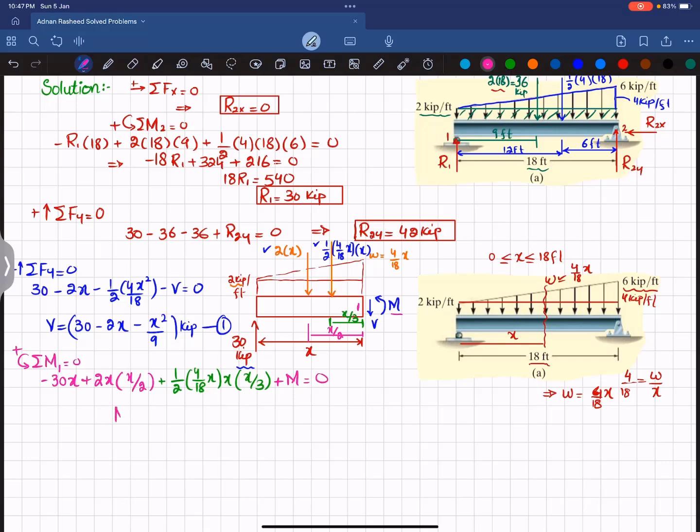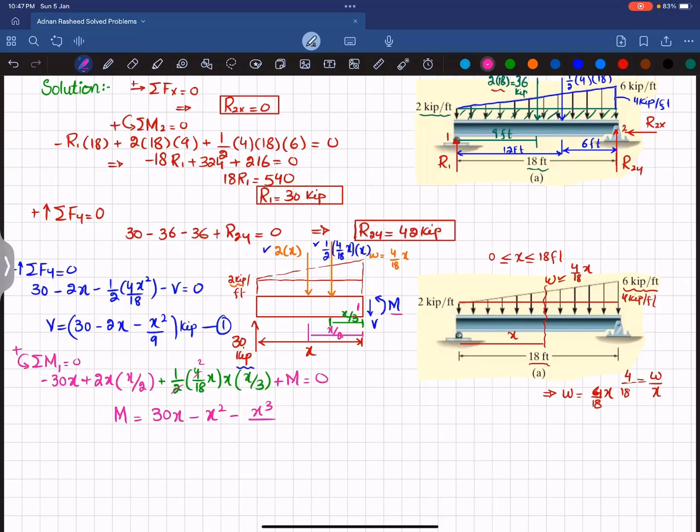So from this we will get the moment M equal to 30x minus x square, and this 2 will cut with this, so 9 minus x cube over 3.